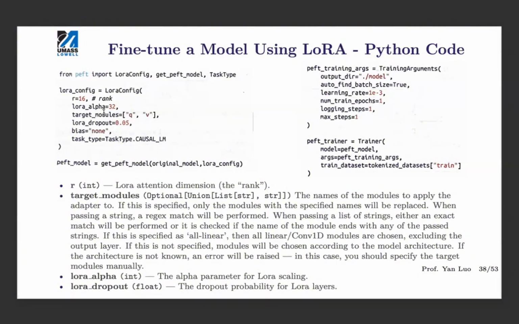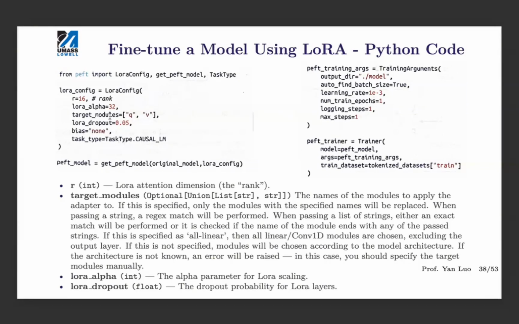LoRA alpha is a parameter that can be used to basically scale the parameters, and that's a parameter discussed in the paper. You could also use target modules. This is an option you can use to selectively apply LoRA to different layers in the pre-trained model.